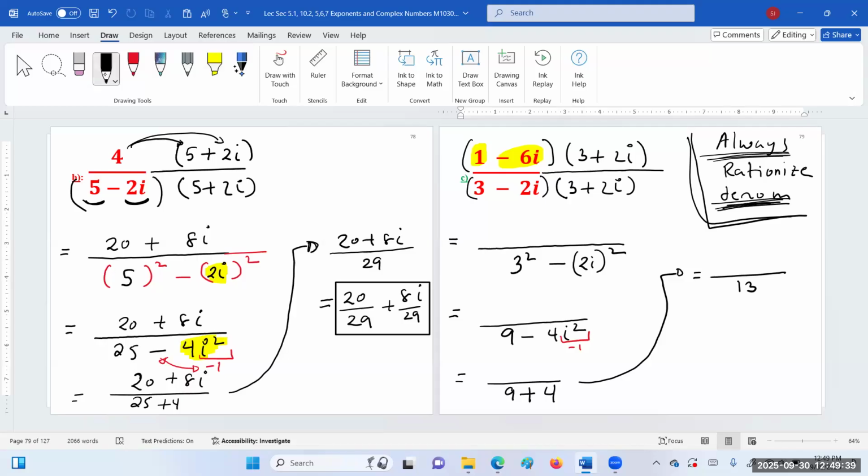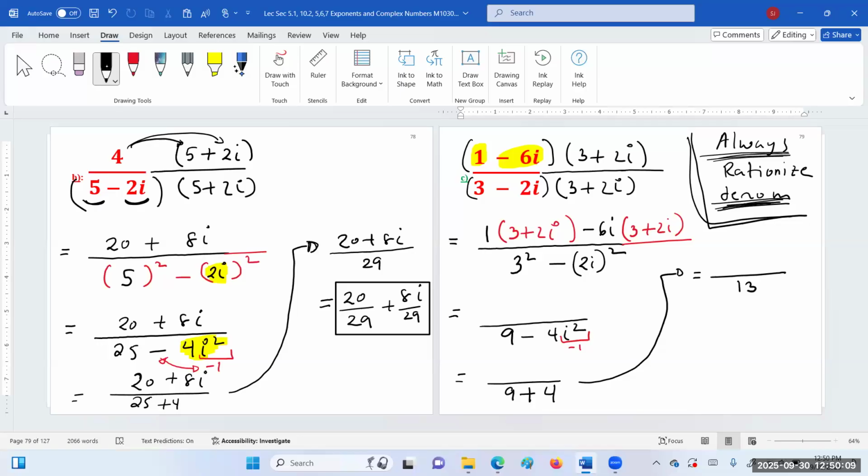So you take 1 and multiply by 3 plus 2i. Then you take negative 6i and multiply by 3 plus 2i. Again, if you know how to do FOIL without this step, go ahead. But this step is helpful for the people who get confused about FOILing.